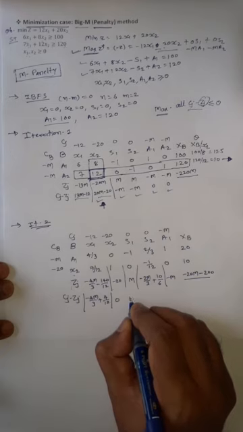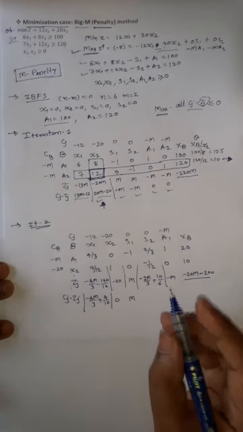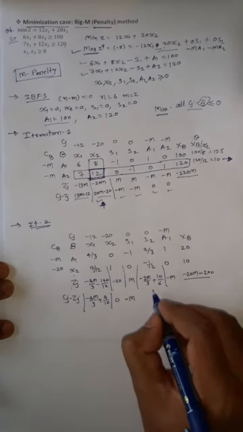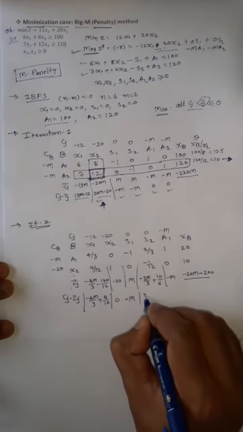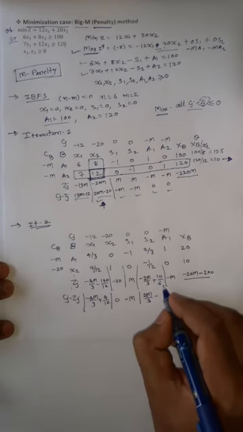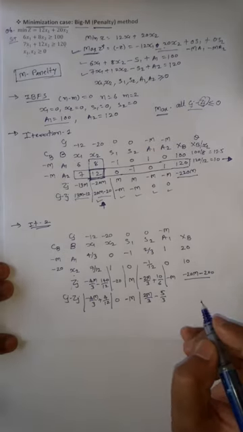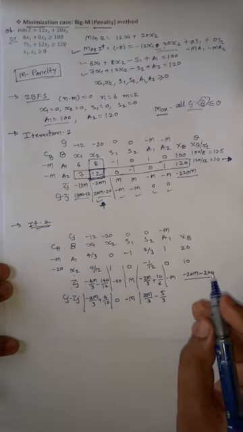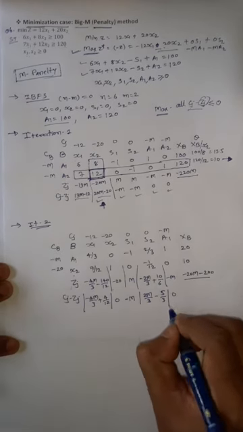Here it is minus m, and for S2 it will be 2m by 3 minus, and we can remove the twos from top and bottom, so it will be minus 2m by 3 minus 5 by 3. And lastly minus m minus minus m, so it will be 0 here.